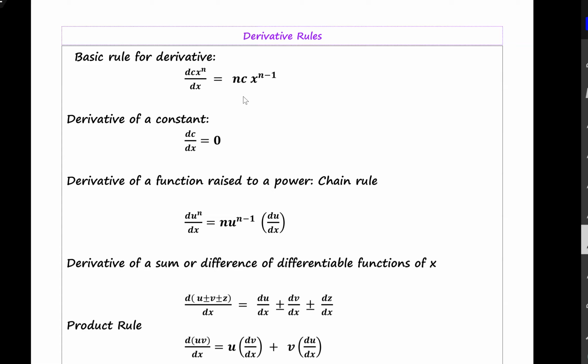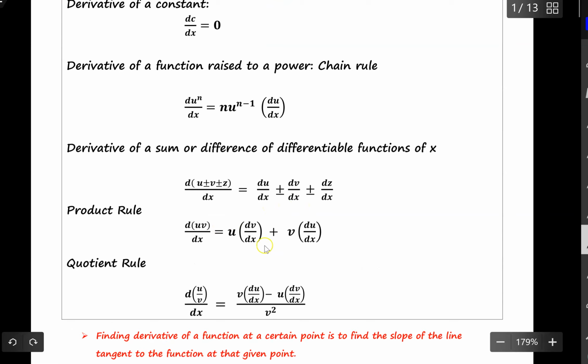Okay, thank you. So what we have is a basic rule, the derivative of a constant, right? And you have the chain rule, the product rule, and the quotient rule. In the quotient rule, quotient means you divide by something, and product means you multiply by something.